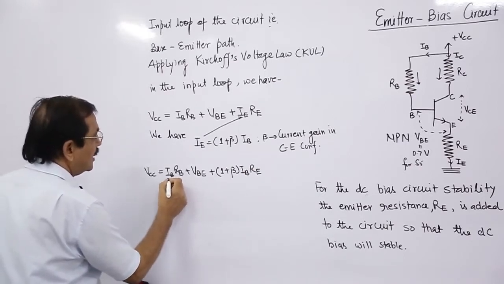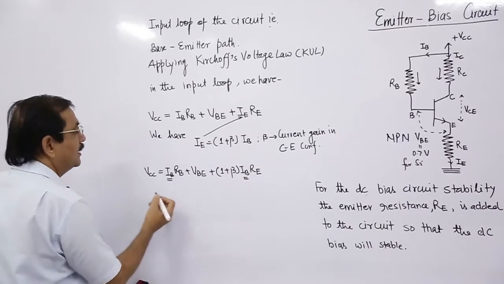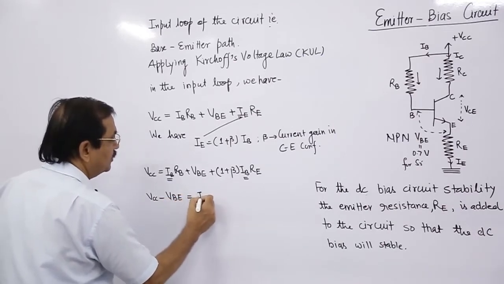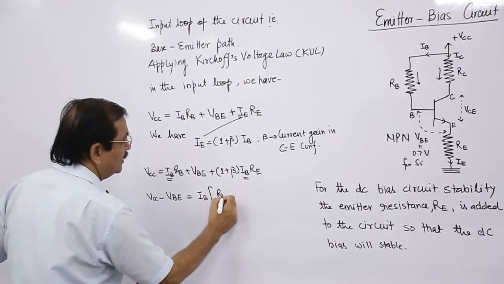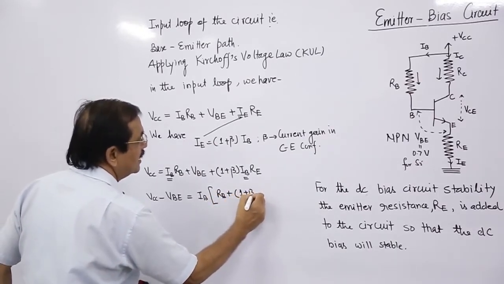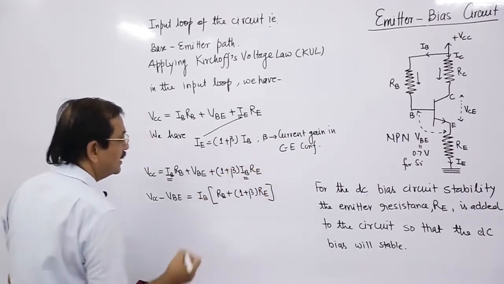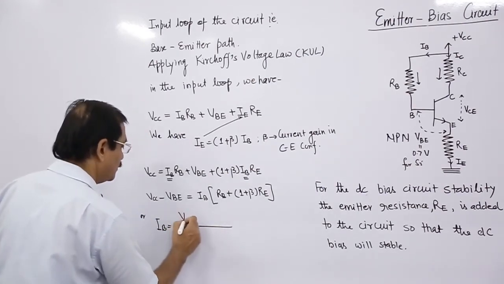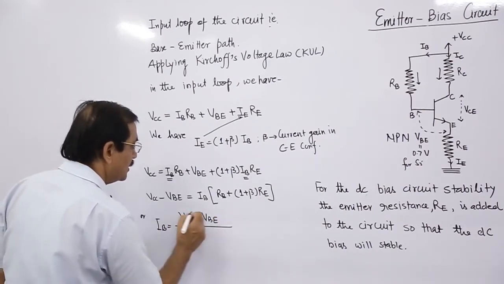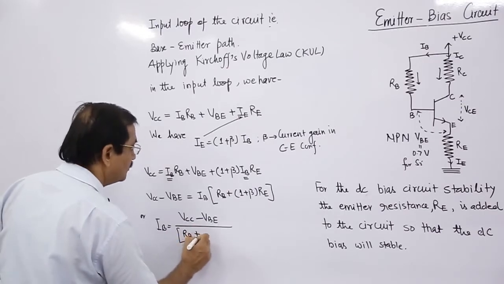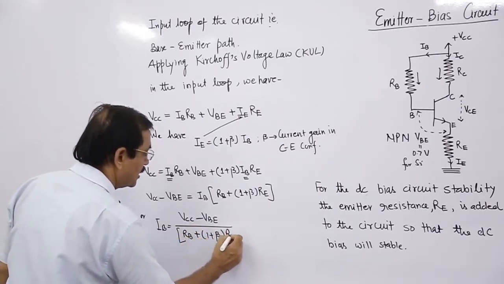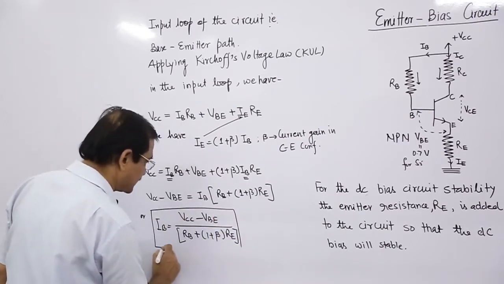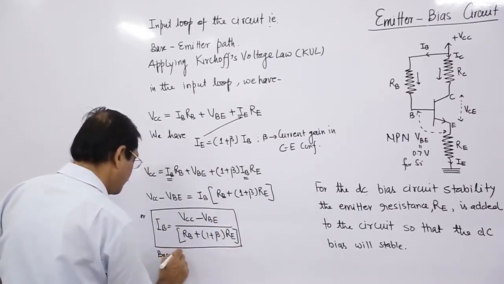Here we take IB common and transfer the value, so VCC minus VBE is equal to IB times (RB plus (1 plus beta) RE), or the base current IB is equal to (VCC minus VBE) upon (RB plus (1 plus beta) RE). So, this one is the base current.